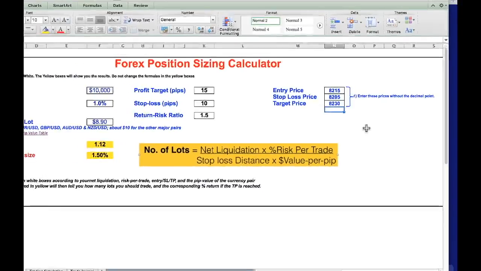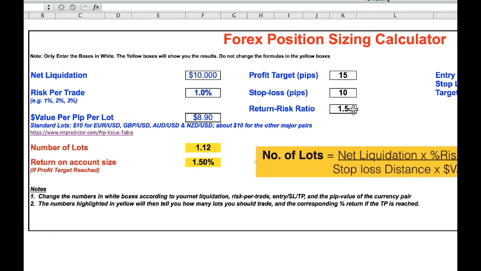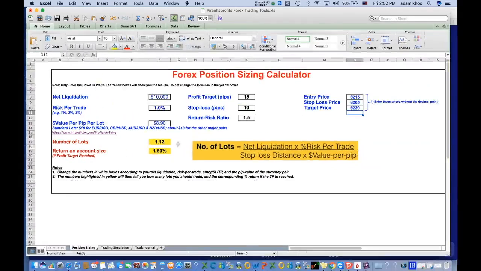Straight away you can see that the risk to return ratio is 1:1.5. You're risking 10 pips to make 15 pips, and the number of lots would be 1.12. So what you want to see is this figure, how many lots to trade, 1.12, based on this formula. So you can use this position sizing calculator.